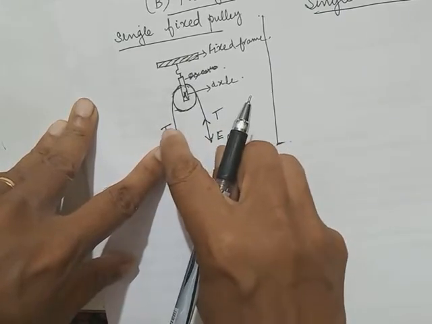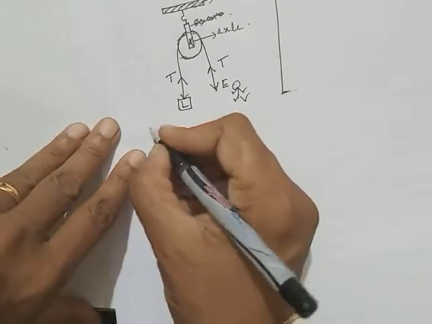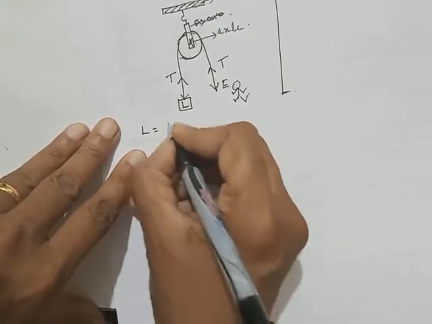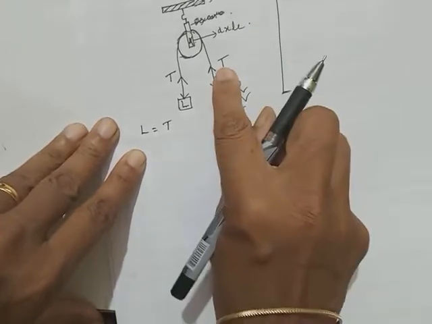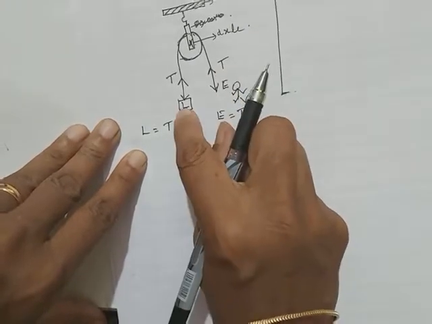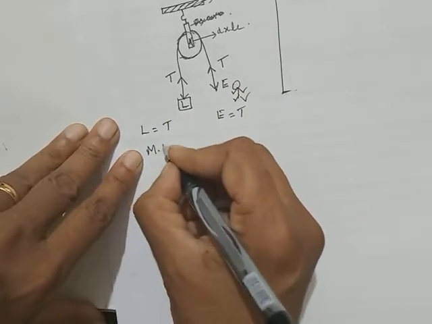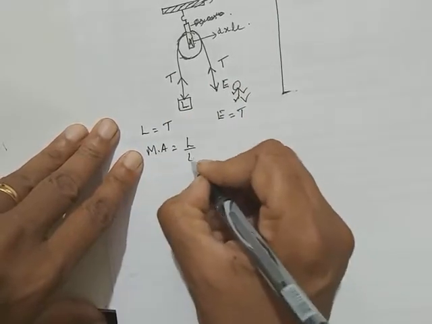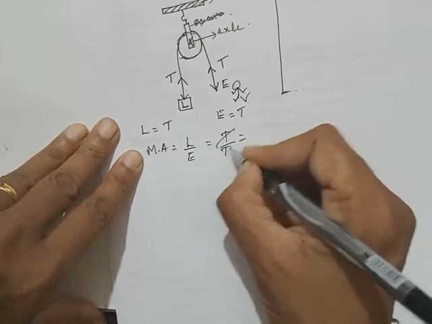So here also tension on this is T and tension on this is also T. So this load will be balanced by this tension and effort is balanced by this tension. Now my MA will be load upon effort, T by T, which is equal to 1.